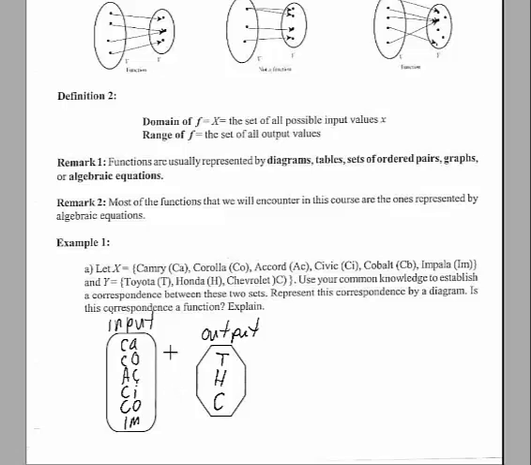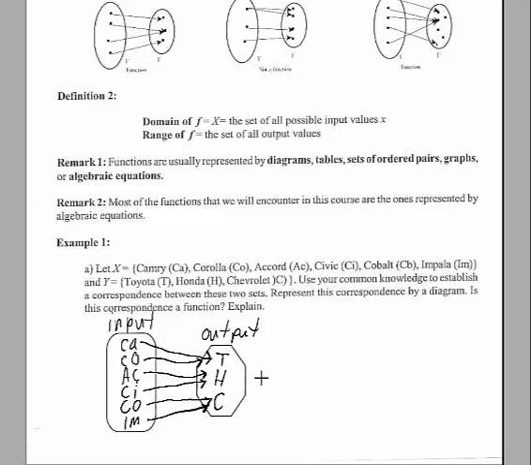We're going to take the model and map it to the make with arrows. A Camry's a Toyota, so I map it to T, and a Corolla is also a Toyota. Accord is a Honda, and Civic is also a Honda. Cobalt is a Chevy, and Impala is a Chevy.